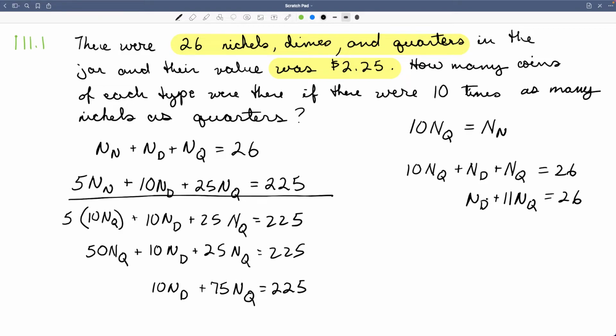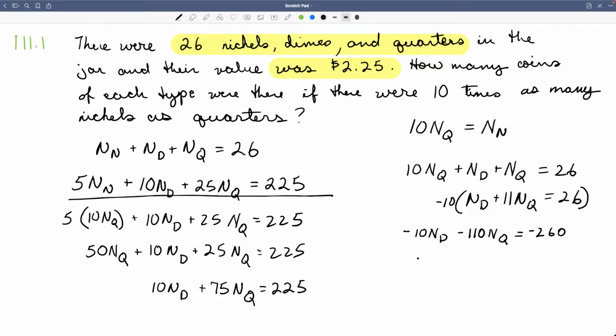Now I can use these 2 in an elimination, right? So let me do that. Let me multiply this times negative 10. And I can write negative 10 times the number of dimes minus 110 times the number of quarters is equal to negative 260.